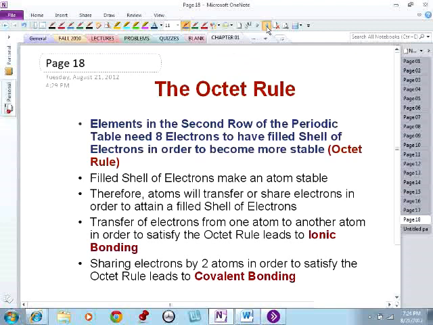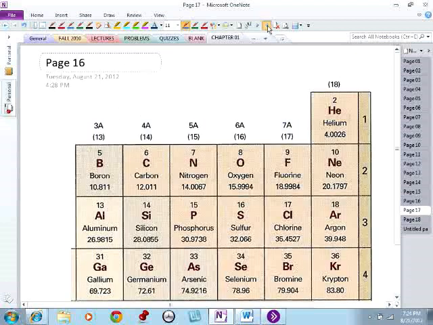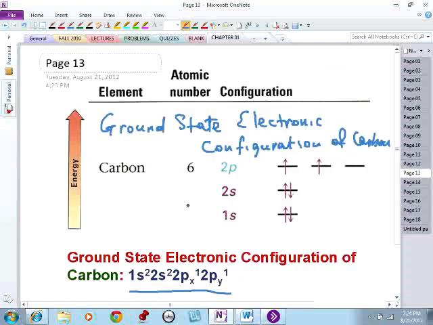No, I'm sorry. Oh no, wait a minute. I'm trying to see here. This one here? No, this is carbon. Oh, if it was nitrogen. Oh no, we'll get to that.